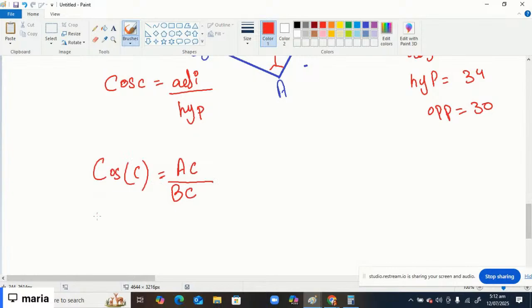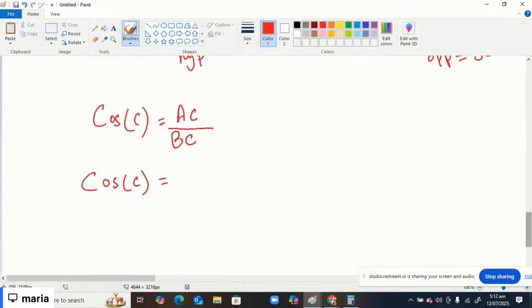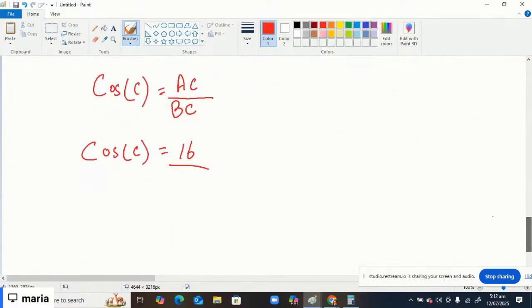Now just putting the values. Cos of C is equal to AC, which is 16, and your BC is 34, and that is your answer.